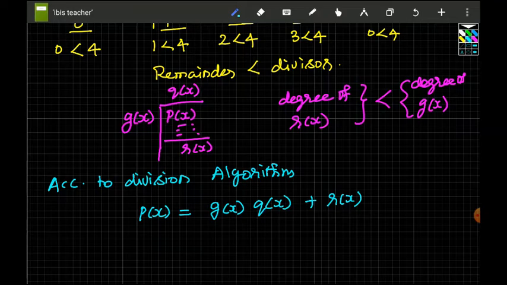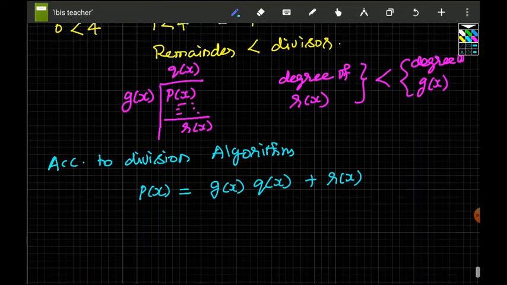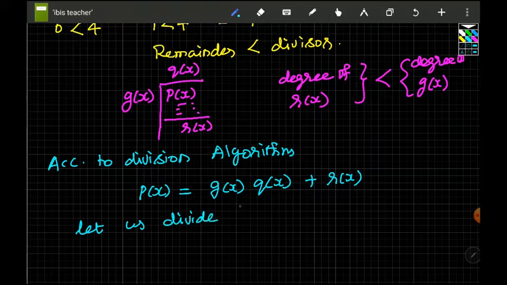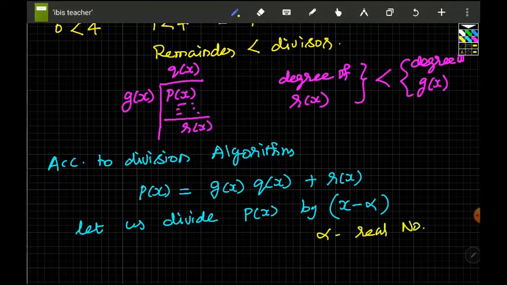Suppose you are going to divide this polynomial p of x by x minus alpha, where alpha is a real number. If alpha is a real number, then we can change this division algorithm.